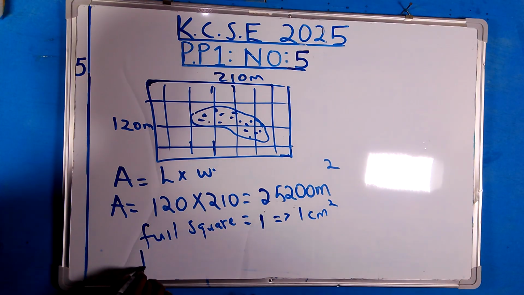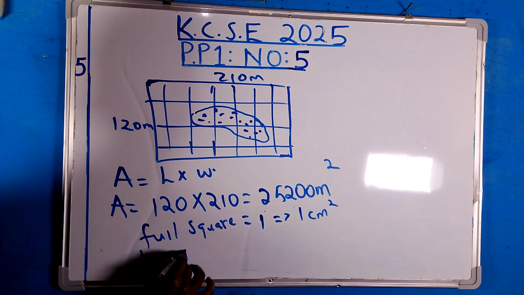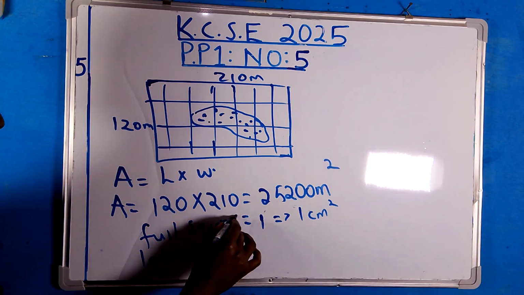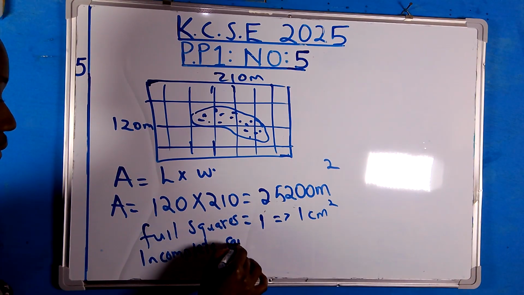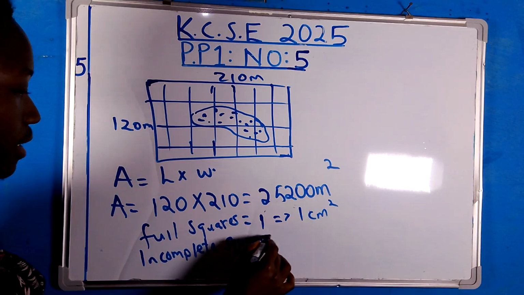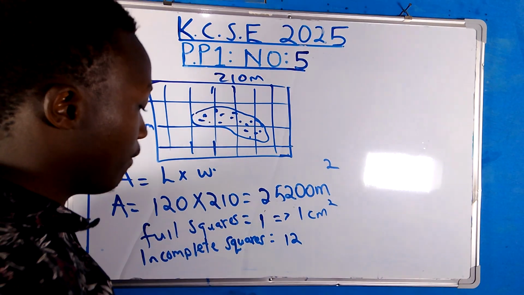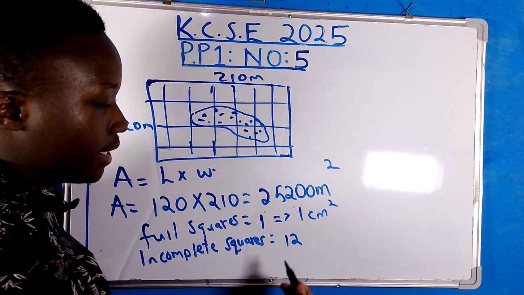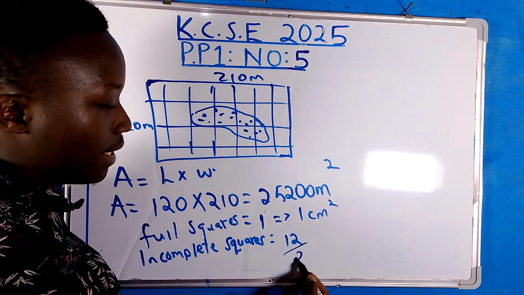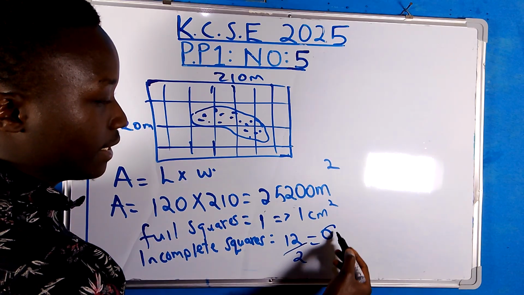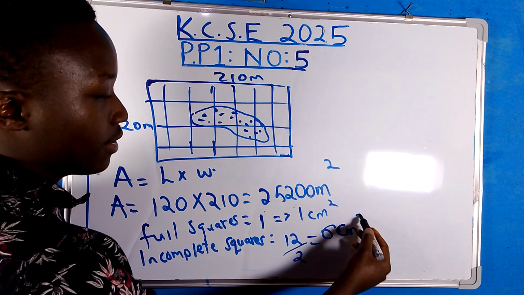Then the number of incomplete squares is 12. So how do we find the area of an irregular figure? When we get the incomplete squares as 12, we divide by 2 to get 6 centimeters squared.